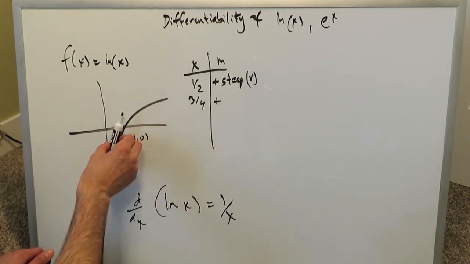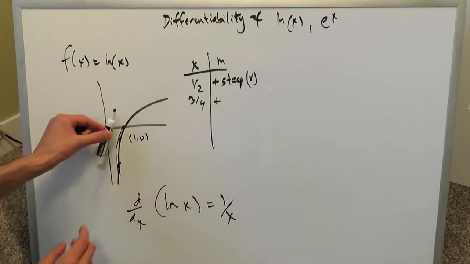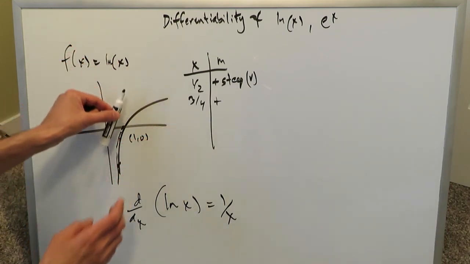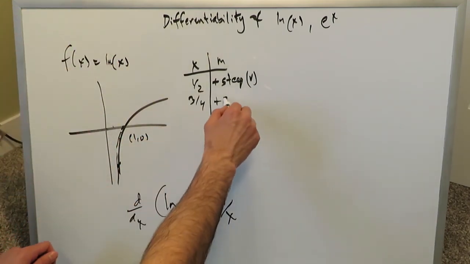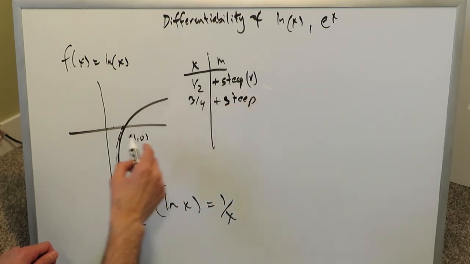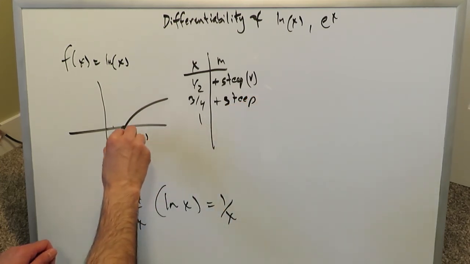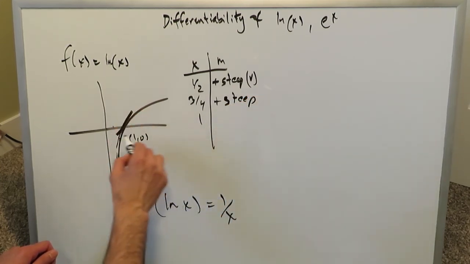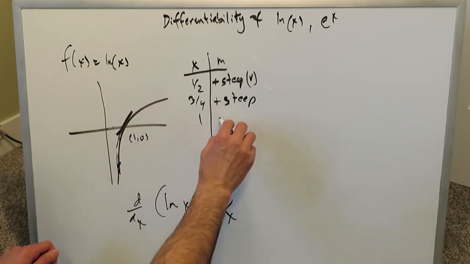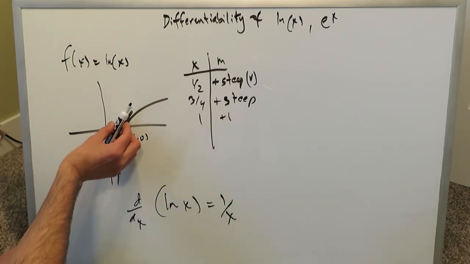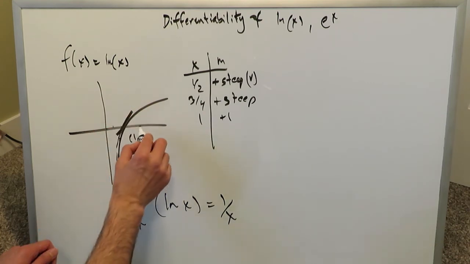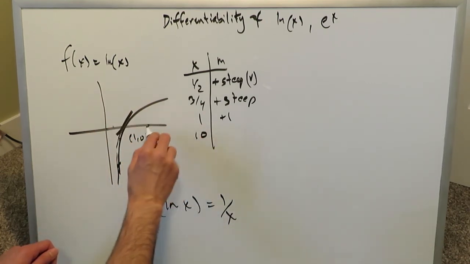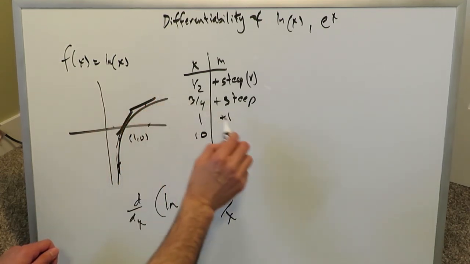These are positive because these tangent lines were still pointing upwards from left to right. The line goes upward. This will be positive steep, but not as much. At this point right here, 1, you still can draw a good tangent line. It is still relatively steep, or you can just say its slope is like 1, equally flat, equally steep. And at an arbitrary point, let's say 10 right over here, you have a relatively less steep line.